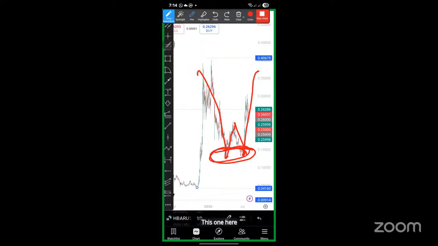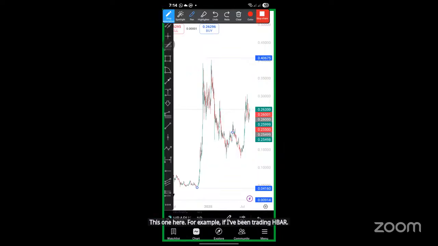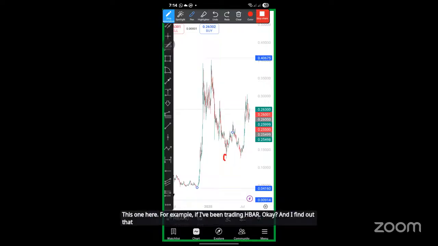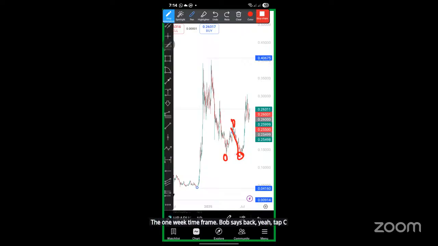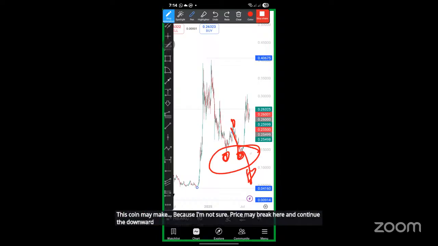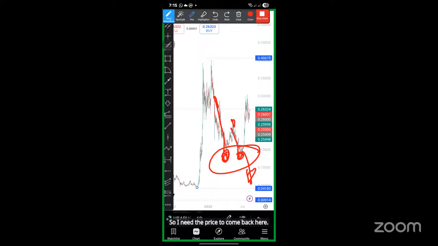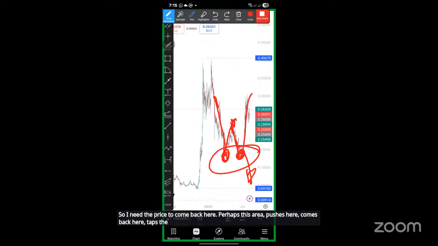For example, if I've been trading H bar, and I find out that price comes here in the 1 week time frame, bounces back, taps here again, I myself, who knows this pattern, will say this coin may make one, because I'm not sure. Price may break here and continue to the downward side, so this one will not be a double bottom. So I need the price to come back here, tap this area, push here, come back here, tap the area, and push back.